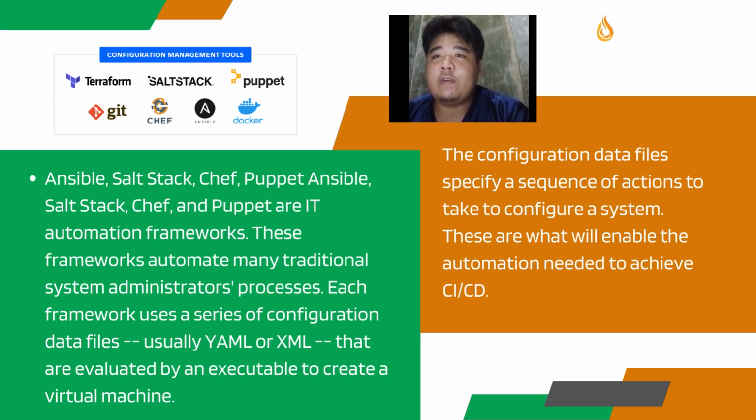The configuration data files outline the steps to be taken to configure a system. The program then executes the operations. The language of the executable varies between systems. Ansible and SaltStack are Python-based, whereas Chef is Ruby-based.